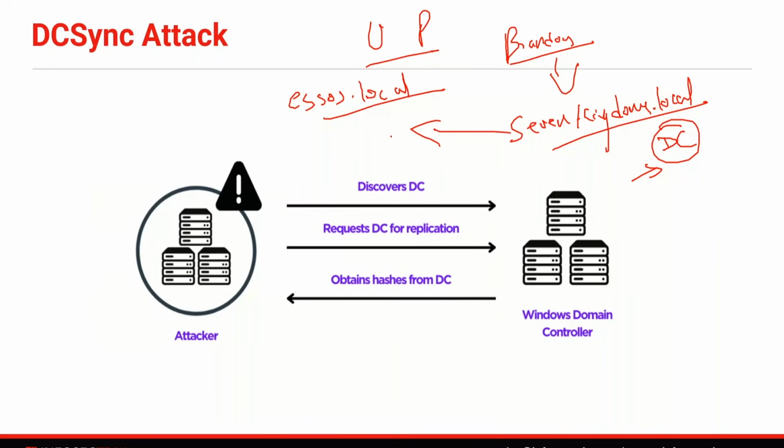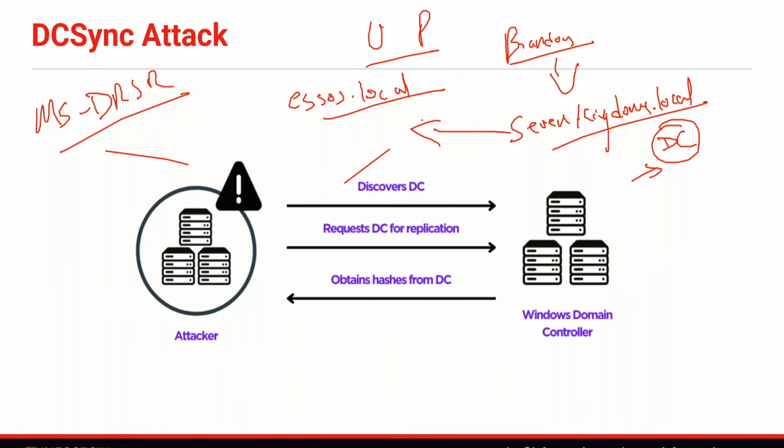What happens is there is a protocol or feature which goes by the name MS-DRSR, Directory Replication Service Remote Protocol, which is used by the domain controllers to sync data. So instead of dumping the hashes in memory, DCSync asks the domain controller to hand over the credentials directly.